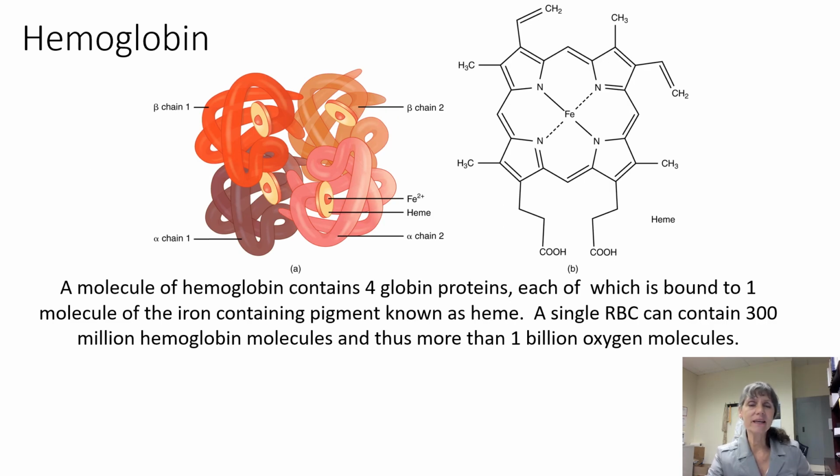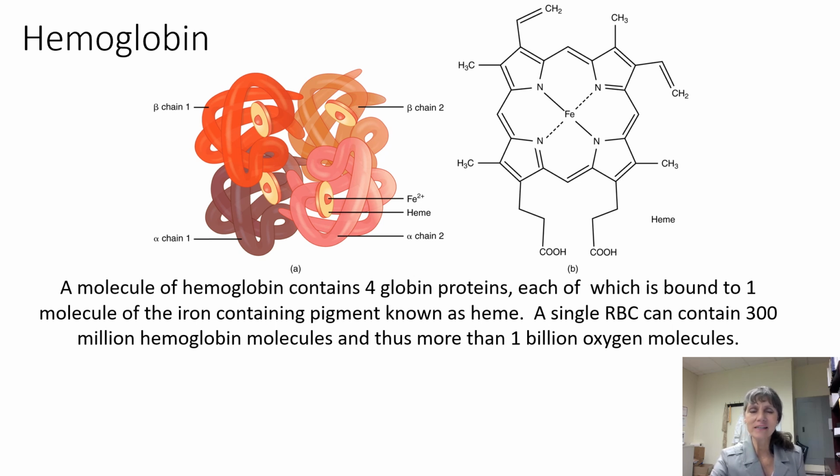So when we look at hemoglobin, and this is a picture of a molecule of hemoglobin, we see that one molecule of hemoglobin contains 4 globin proteins. Those are the different colors. So we've got bright red, light brown, darker brown, and kind of pink. Those each represent a globin protein, and each globin protein is bound to a molecule of an iron-containing pigment known as heme.